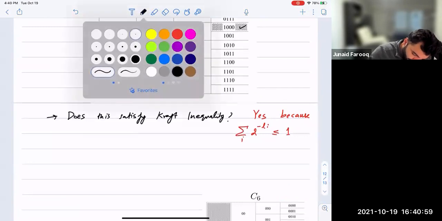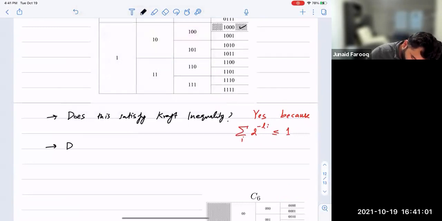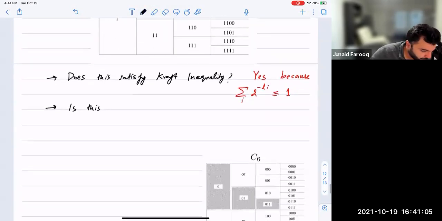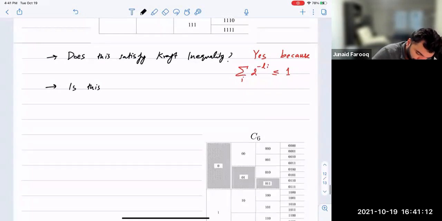Let me just write it down. Is this a prefix code?